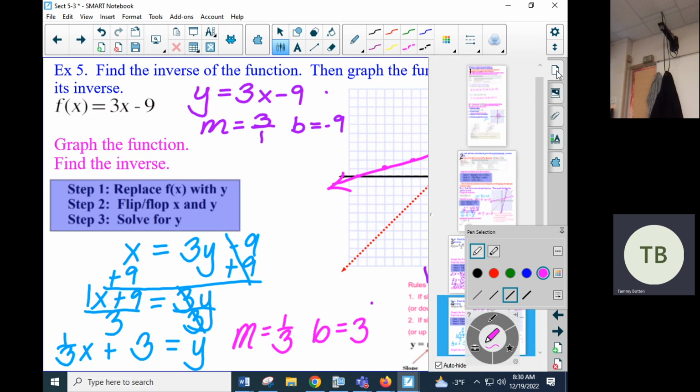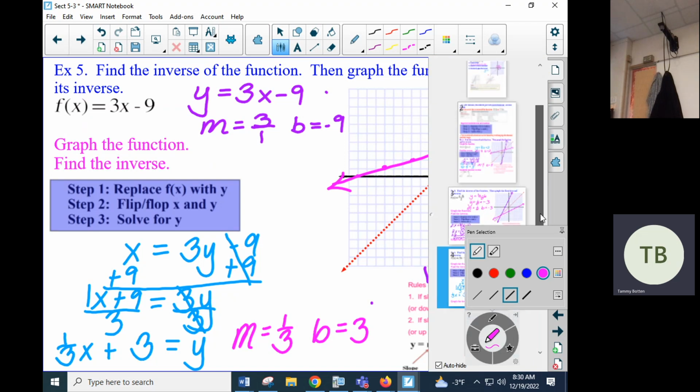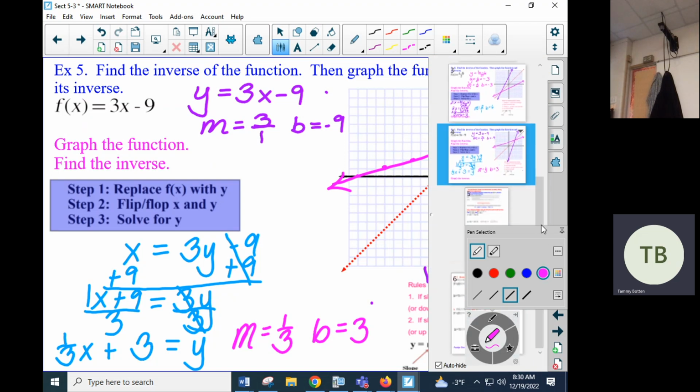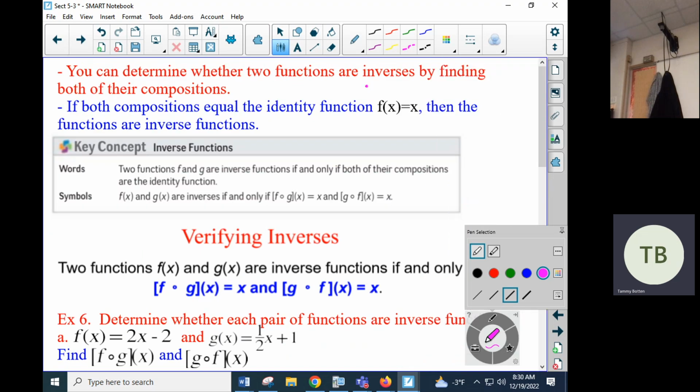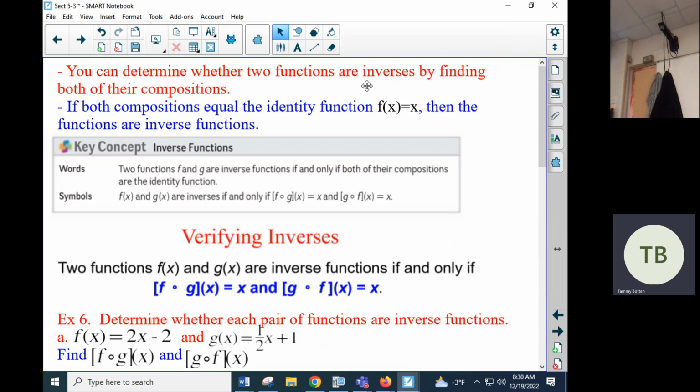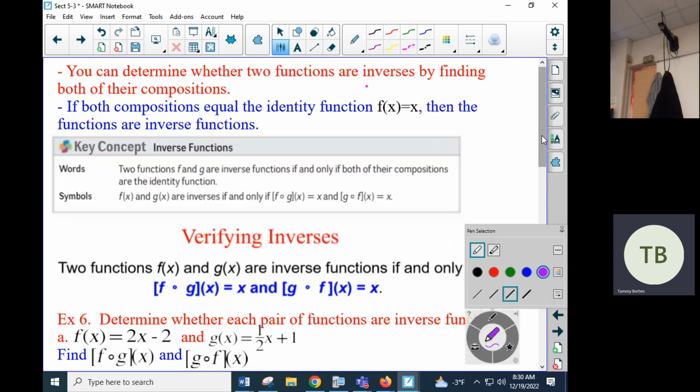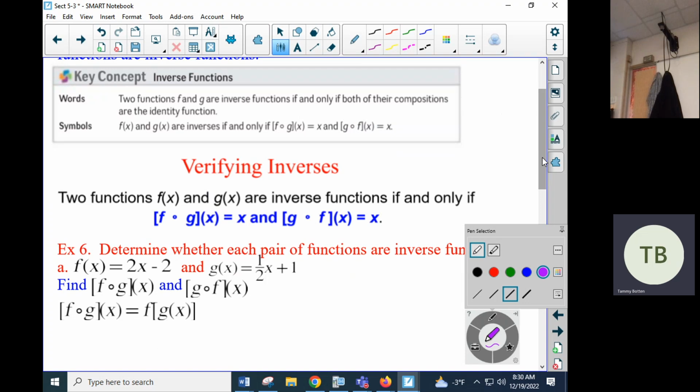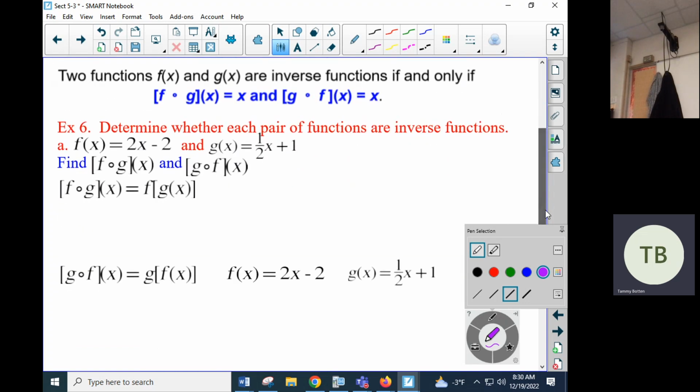Okay. Now there's one more type of problem that we need to do. And what this one is they are going to give us two different functions and ask us if they are inverses of one another. Okay. So here's what you would do. They're giving us f of x and g of x.